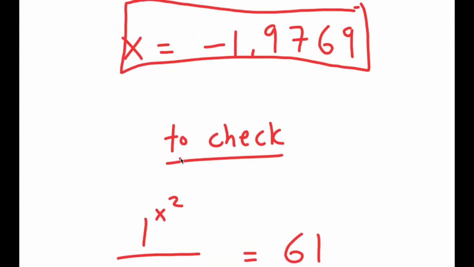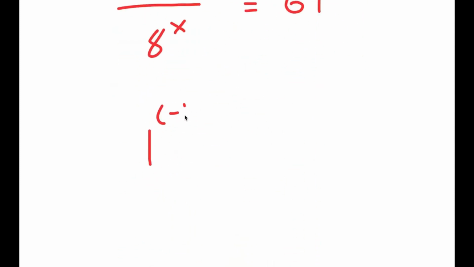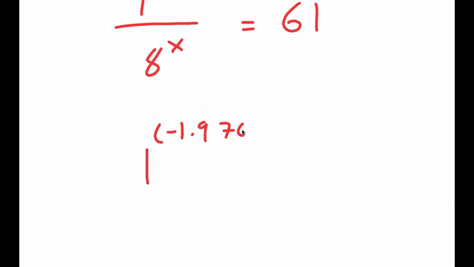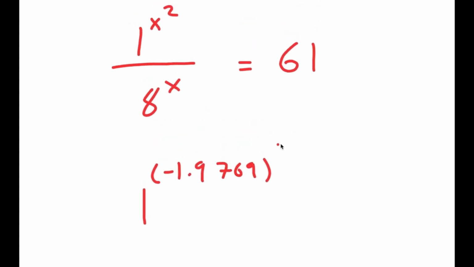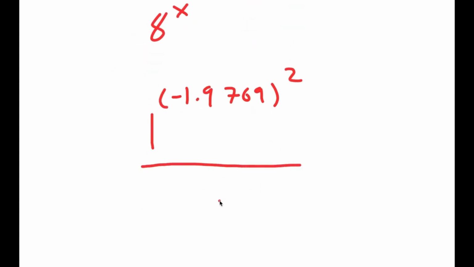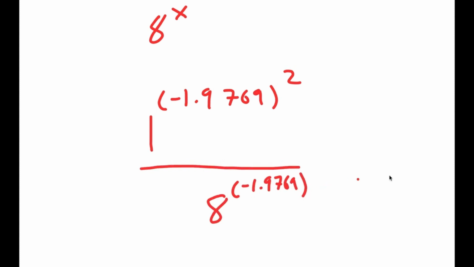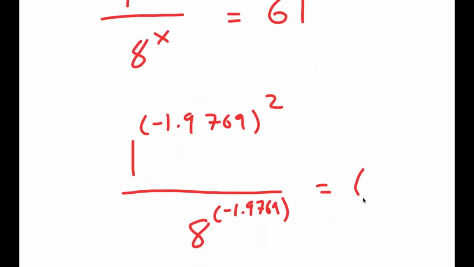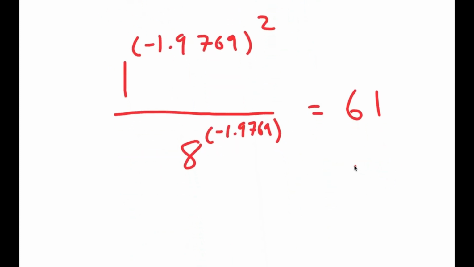So I get 1 to the power of negative 1.9769 to the power of 2 over 8 to the power of negative 1.9769 is equal to 61. Now remember, like I said, 1 to the power of anything is itself.